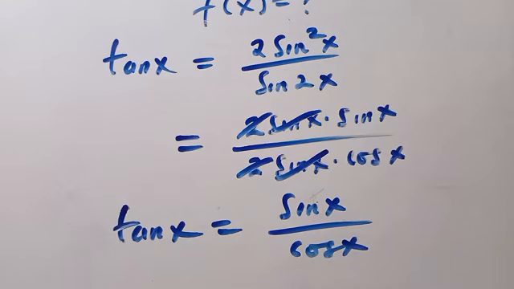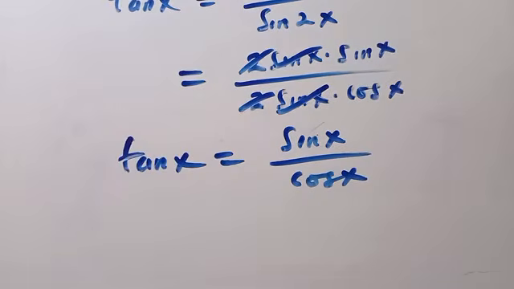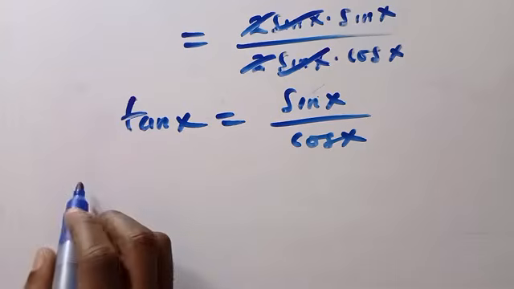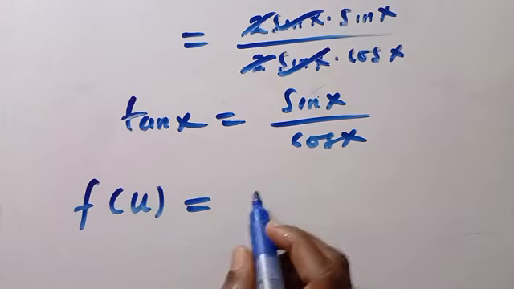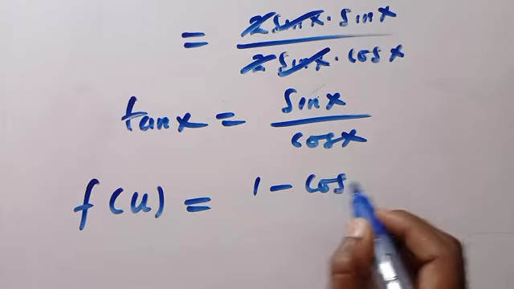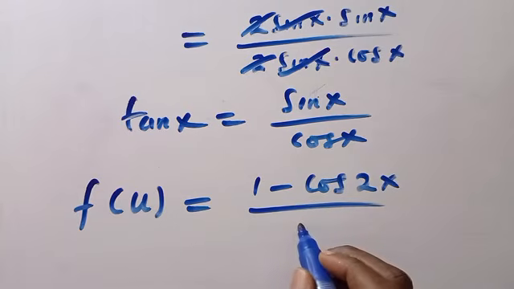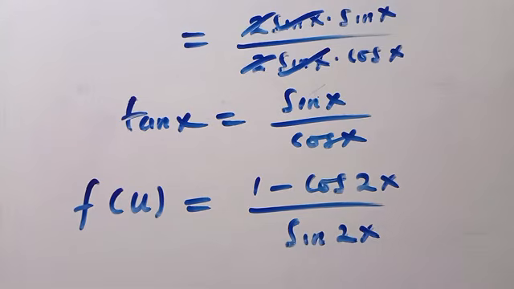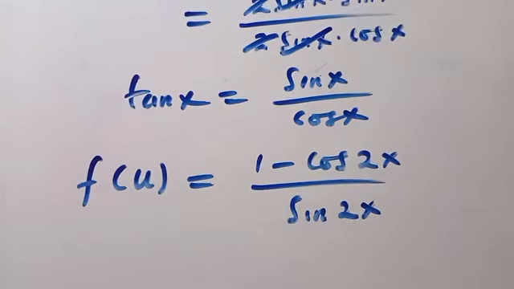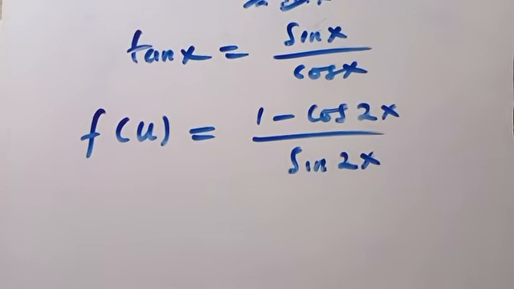If you now recall what we have from the beginning, we are going to confirm the relation that f of u equals 1 minus cos 2x divided by sine 2x. In the next step, let's replace sine 2x with u, because we let sine 2x equals u from the beginning.